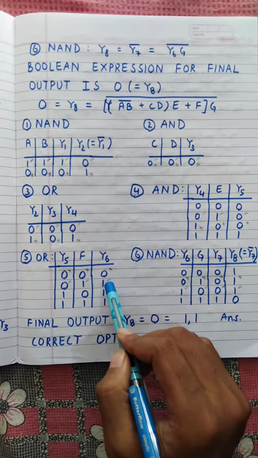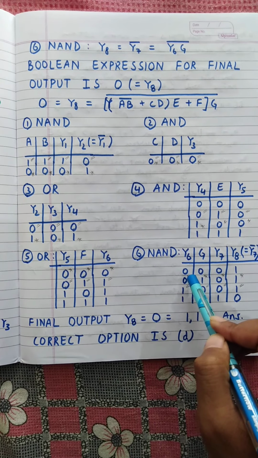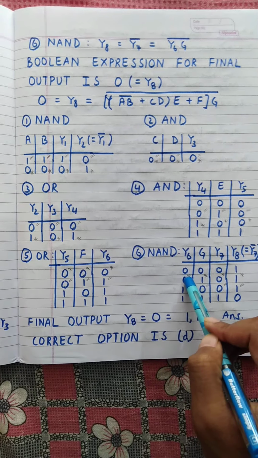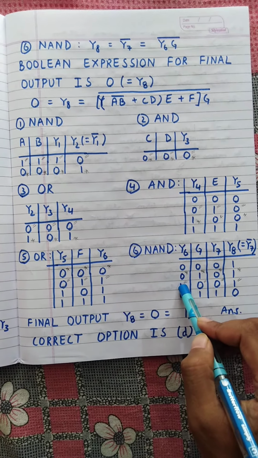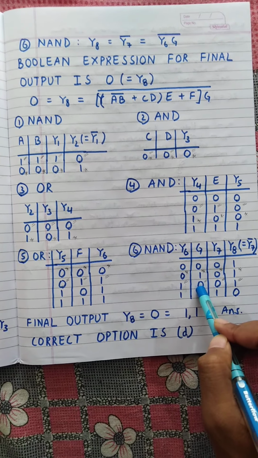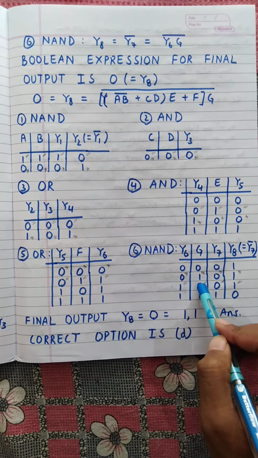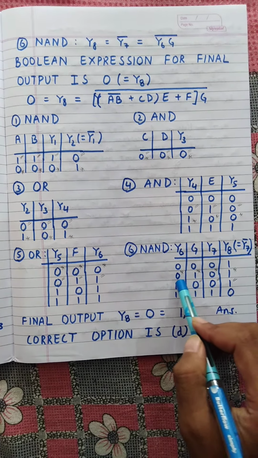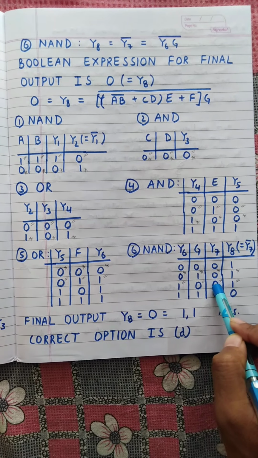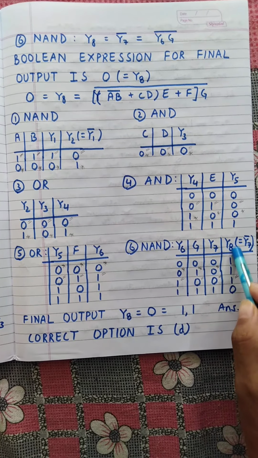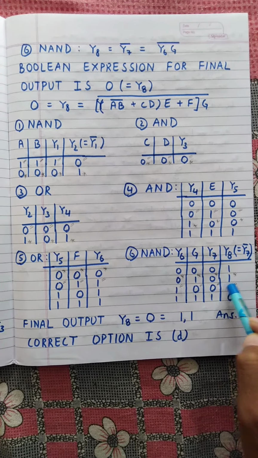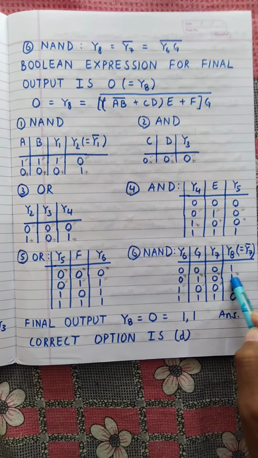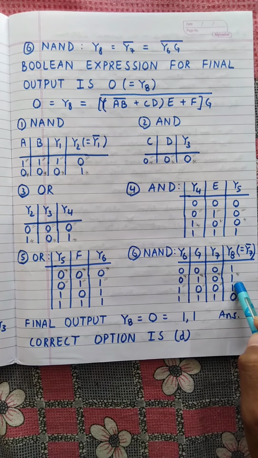Now when y6 is 1, this output goes into the input of the next NAND gate. So we take y6 as 1 and G as 0, because it is given in the question that in case 1 G should be 0. So y6 1, G 0, we get y7 0 and y8, the final output of the NAND gate, will be 1. So this we obtain as the first case.